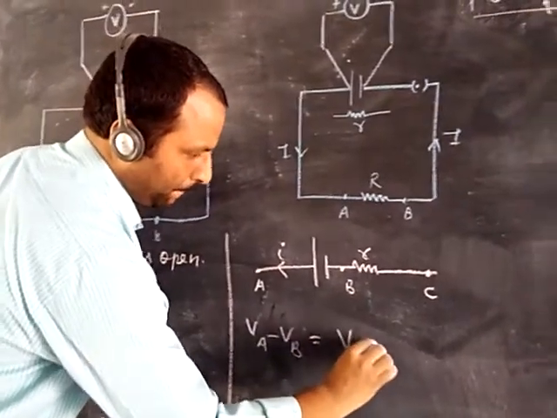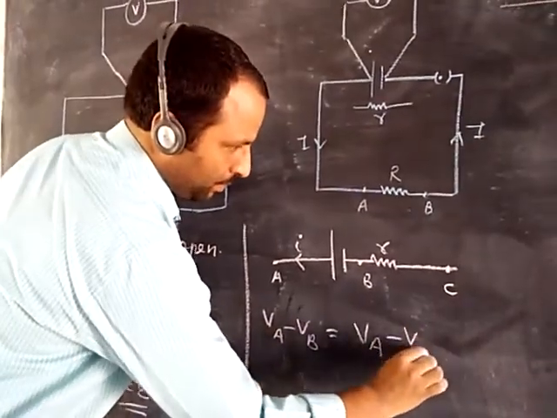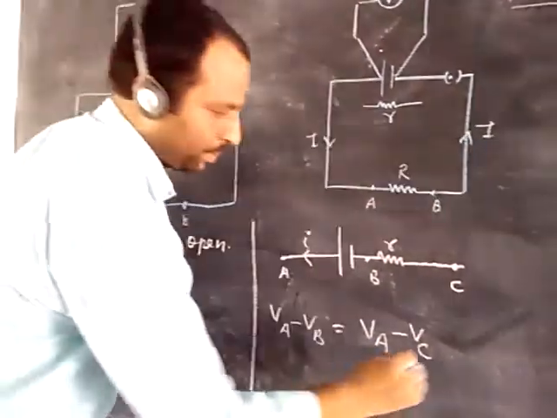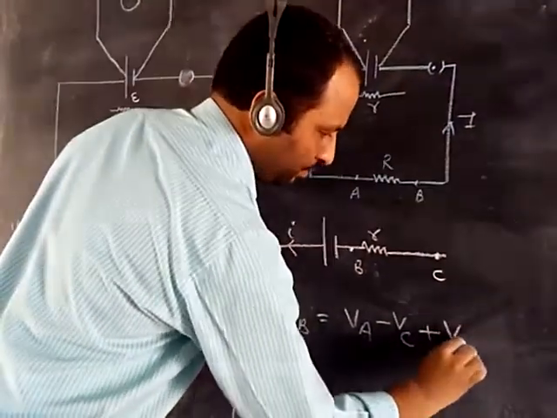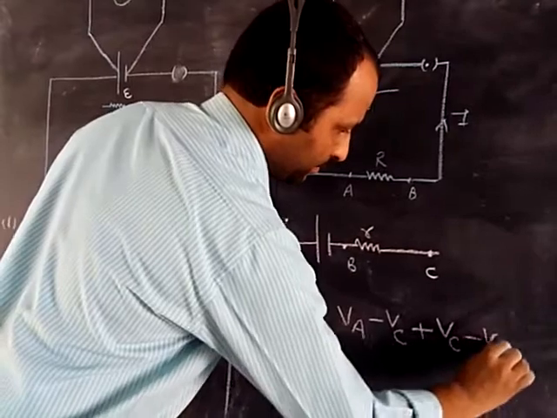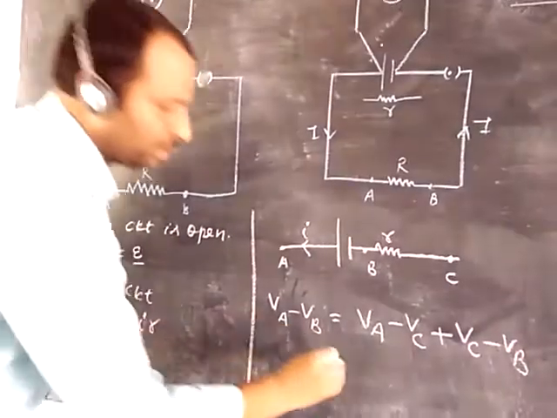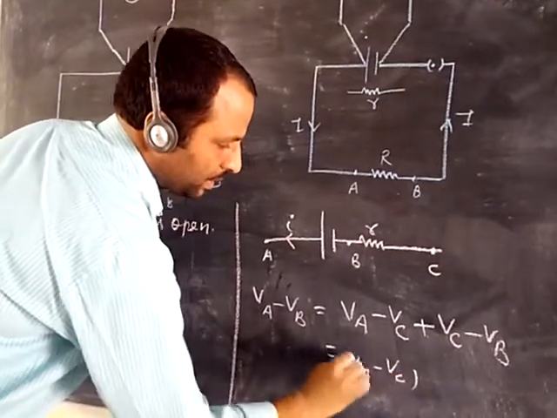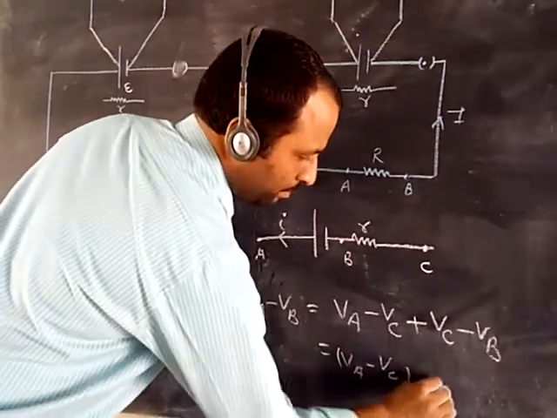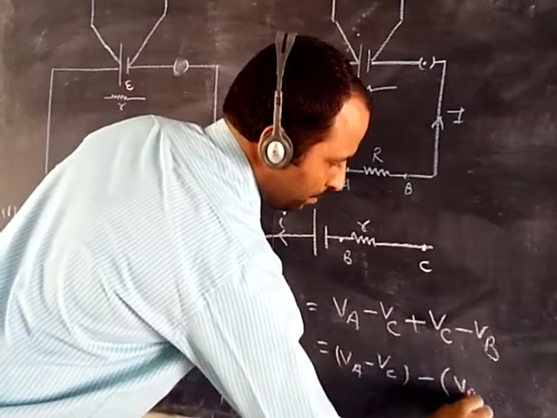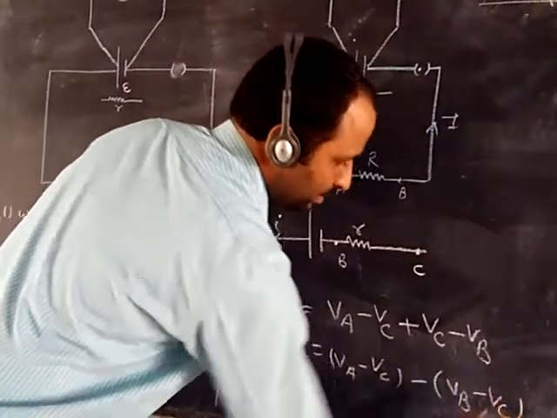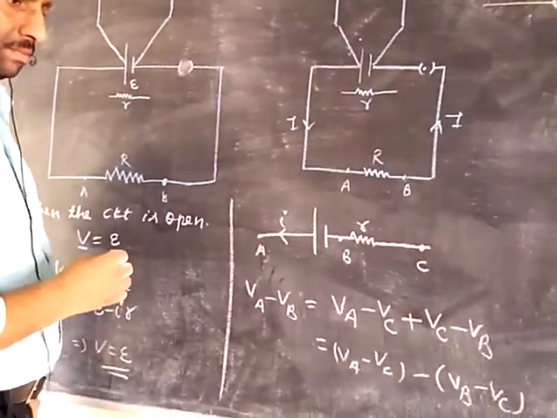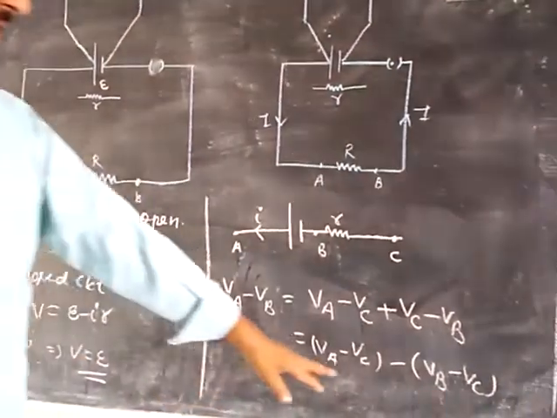VA minus VC plus VC minus VB. Okay, so VA minus VC, minus VB minus VC. Can we write like this?